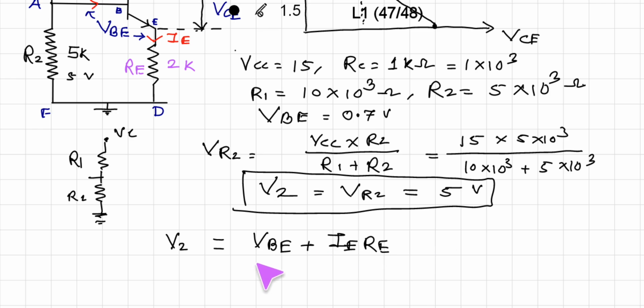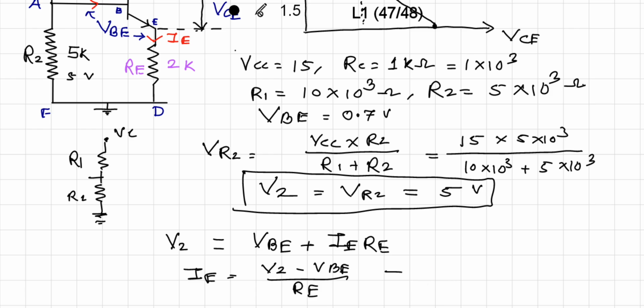So from this we can say that IE is equal to (V2 minus VBE) divided by RE. We already know the value of V2, VBE is 0.7 volt, that we know, and RE is given.